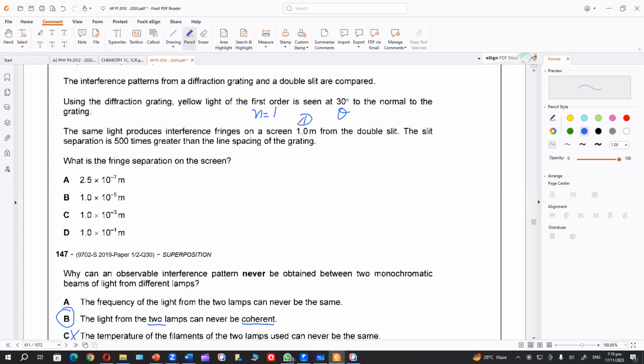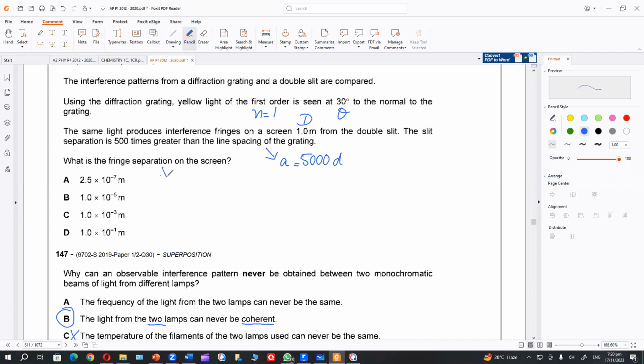The slit separation is 500 times greater than the line spacing of the grating. So I will say a is equal to 5,000 d.